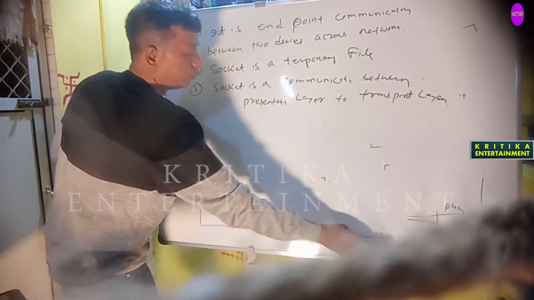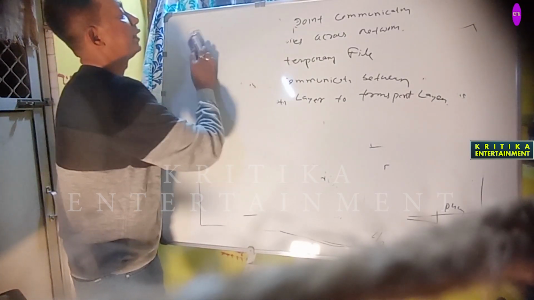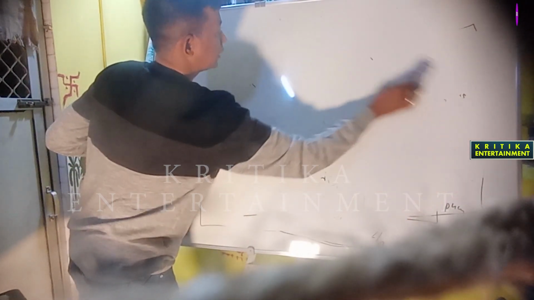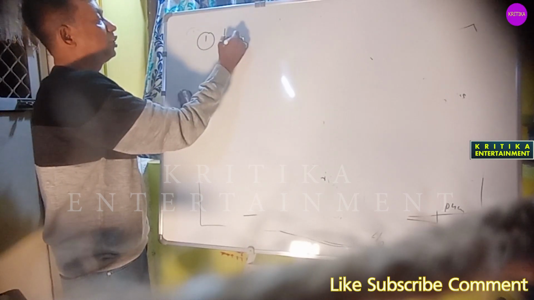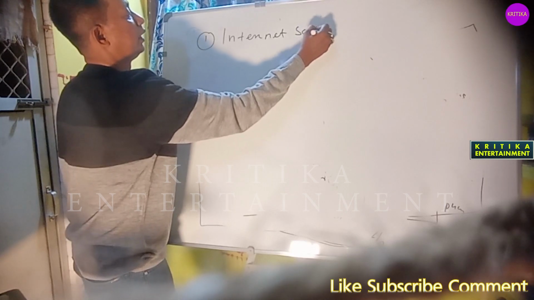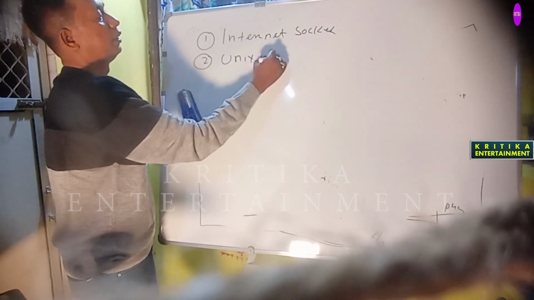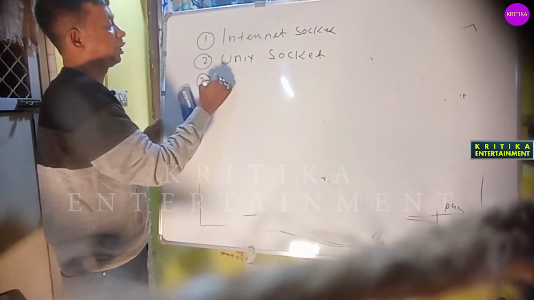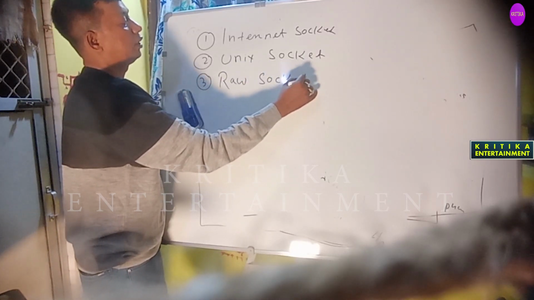Next, how many types of sockets are there? There are three types of sockets. First is the internet socket, second is the Unix socket, third is the raw socket.